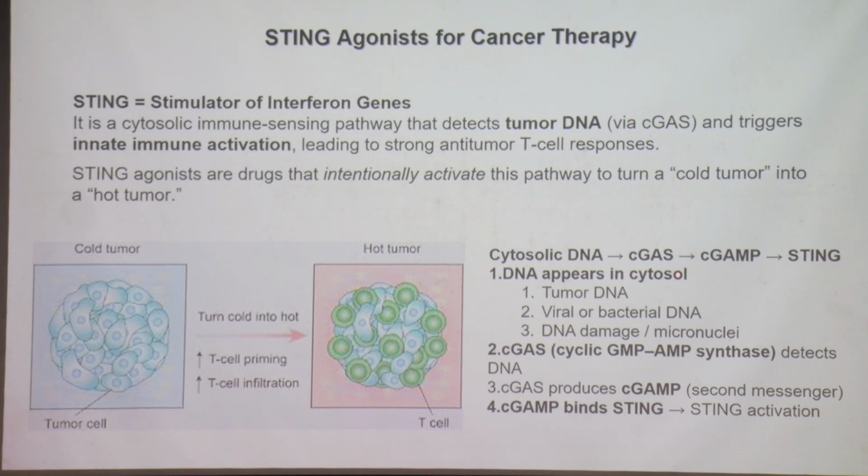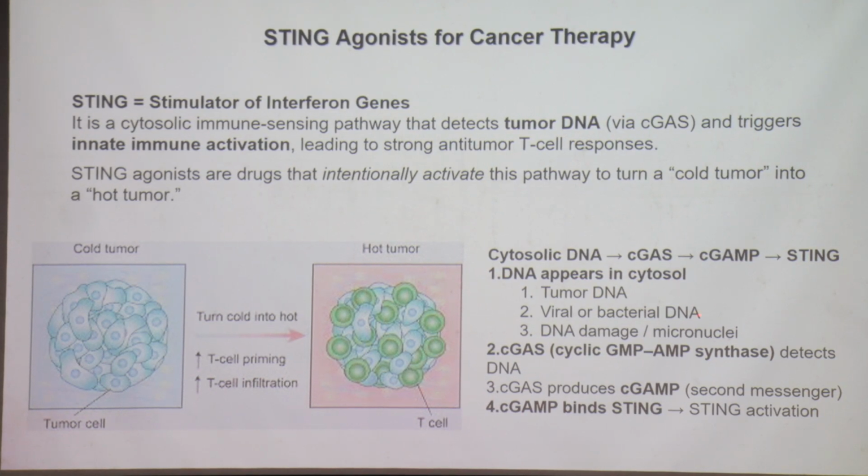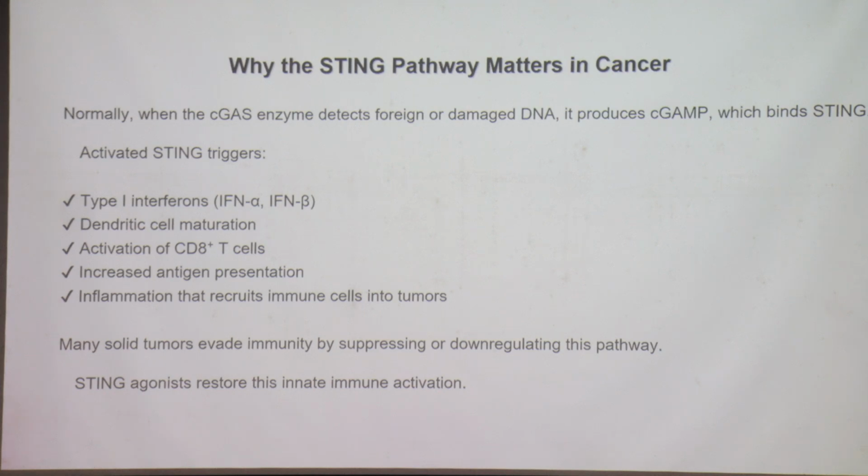So DNA appears in cytosol, tumor DNA, viral or bacterial, and then cGAS, which is cyclic GMP-AMP synthase, detects DNA. cGAS produces cyclic GMP-AMP, and then it binds STING. STING is activated, and it releases interferons, type 1 interferons, which will result in dendritic cell maturation, activation of T cells, increased antigen production. Immune cells will come, clean up the mess. Okay, that is STING pathway.